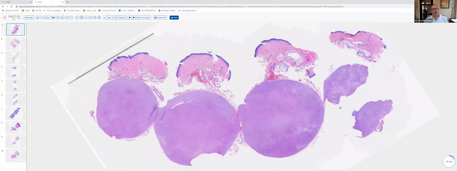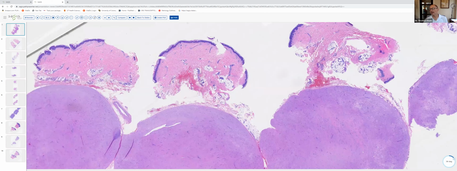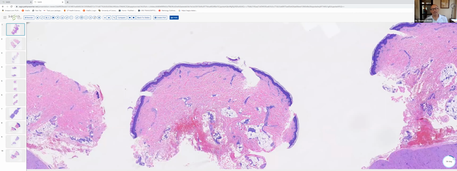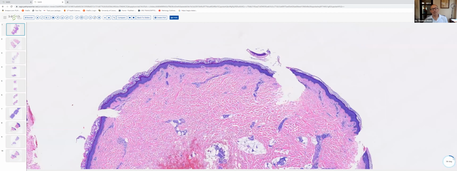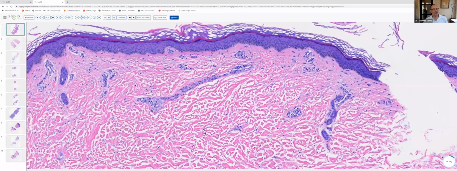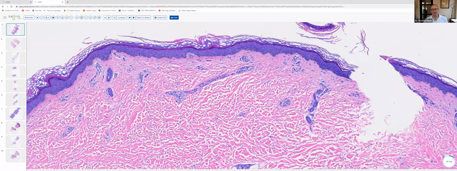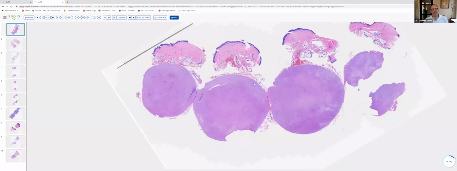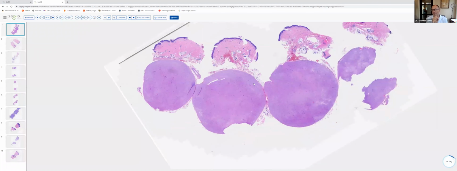And if we zoom in and look at the papillary dermis, we can see that there's an increased number of slightly thick-walled vessels, little subtle nodular angioplasia here, which clues us into the fact that we are on the lower extremity.